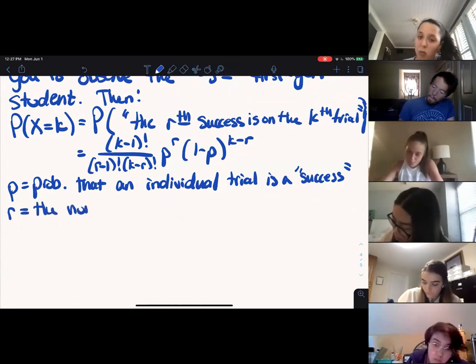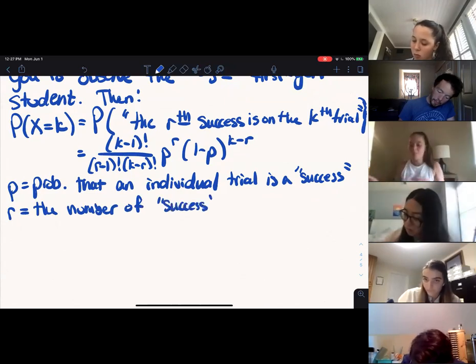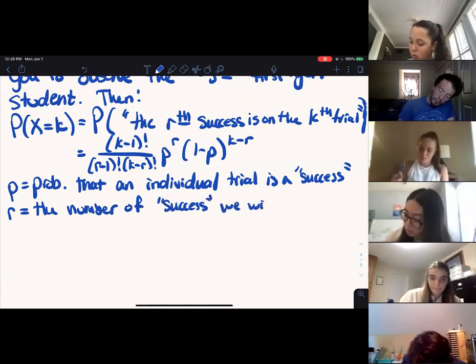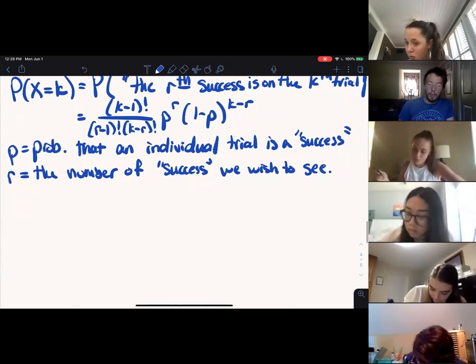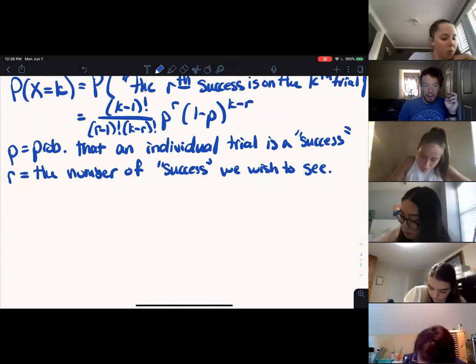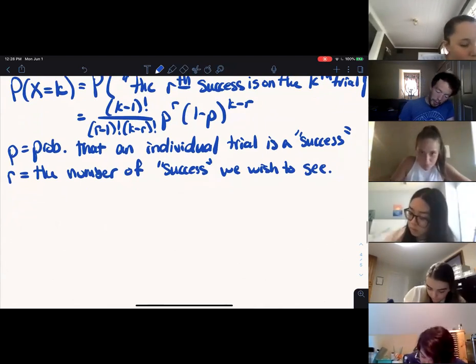R is the number of successes we wish to see. So I'm going to keep selecting students until I get my fifth first generation student. So that is R, 5. And then K is the input.